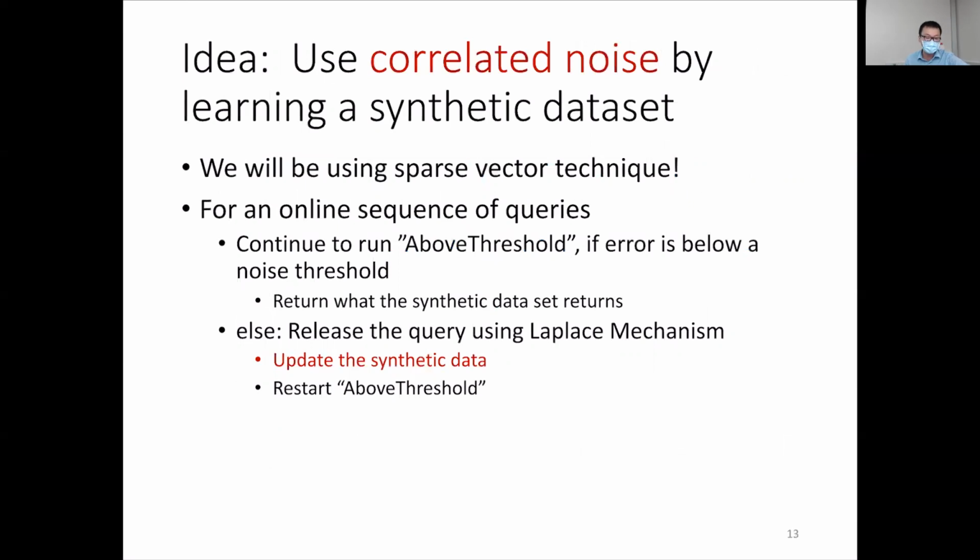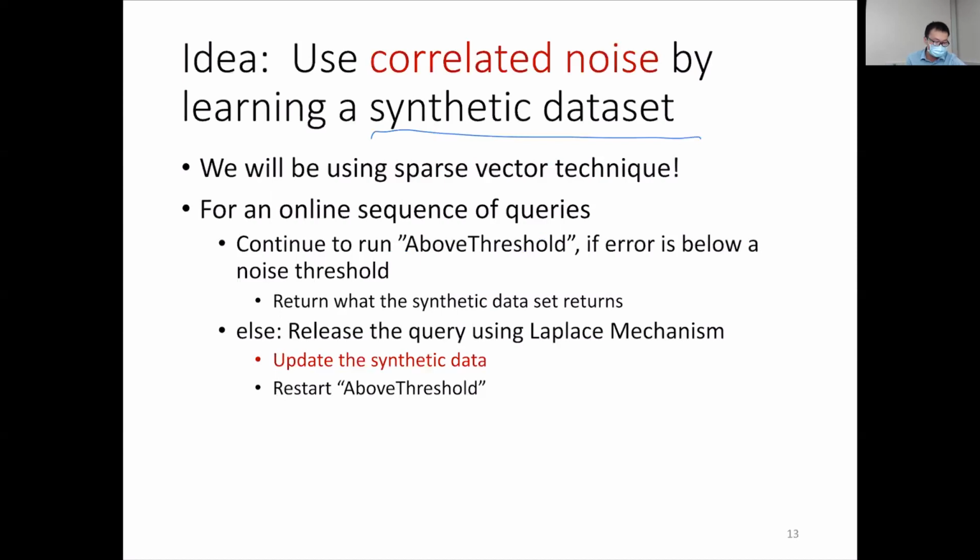It's a particular way of using correlated noise, by constructing a synthetic data set on the fly. A synthetic data set is something that we publish differentially privately on the fly rather than upfront at the beginning.